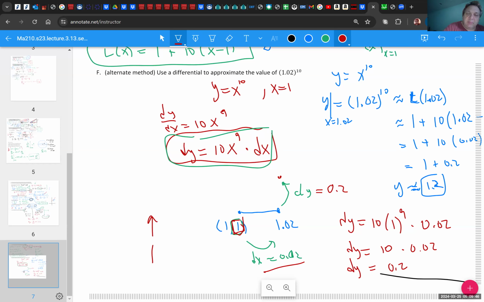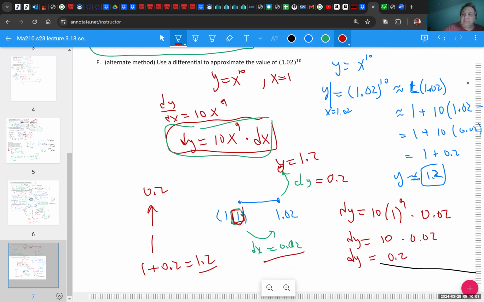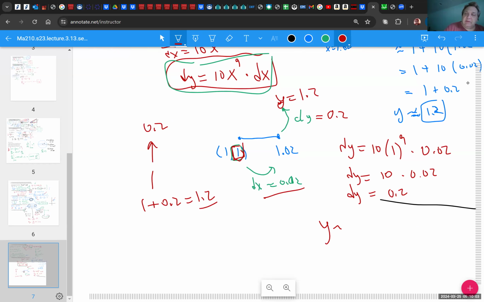And I went up 0.2. So 1 plus 0.2 is 1.2. So this y value up here is going to be 1.2. That will be our approximation using a differential. So we know y is approximately 1.2, which is the same thing we did using the local linearization. We got the same approximation. Again, they're just different ways of doing the same thing.